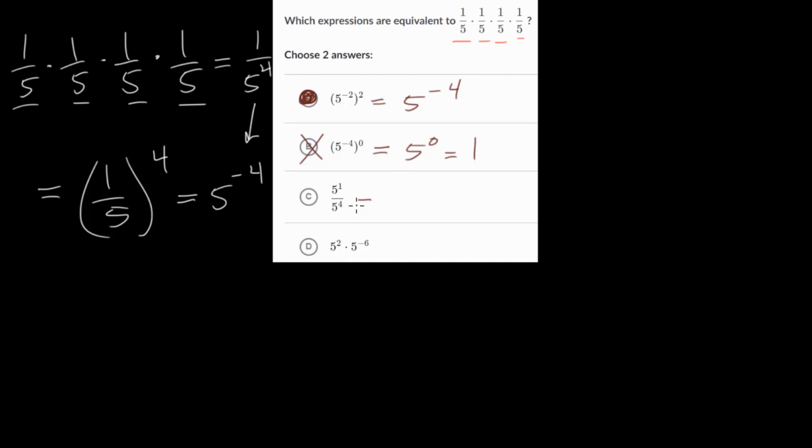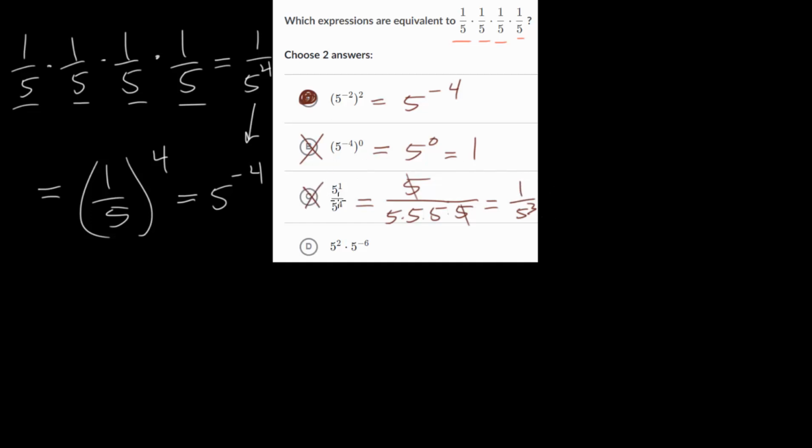And in this one, we have a 5 up top and 4 5s down below. You can even write this out since we have smaller numbers. So multiply in the denominator 5 4 times. And notice you can cancel one of the 5s out. And so you're left with 1 over 5 multiplied 3 times in the denominator, which is 1 over 5 cubed, which could be rewritten as 5 to the minus 3.